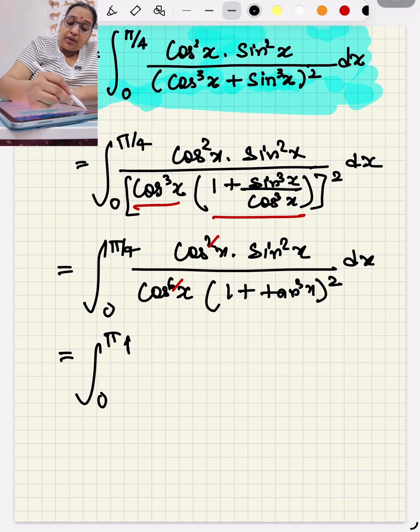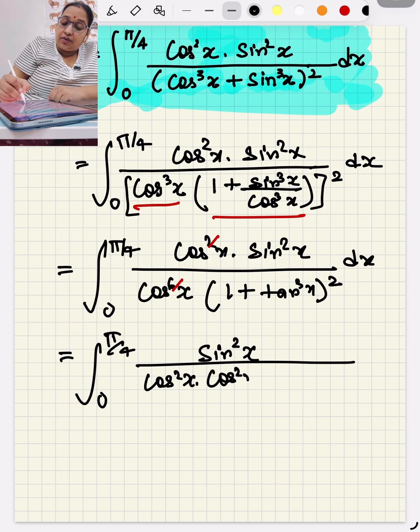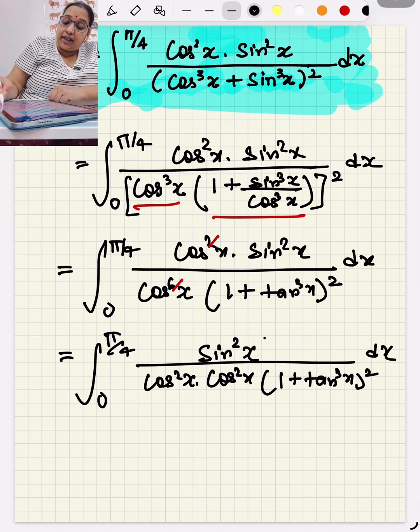So this is 0 to pi by 4, right? 0 to pi by 4 is the limits, and we are left with sine square x over cos 4x. We can write it like this: cos square x, cos square x, and 1 plus tan cube x whole square dx.